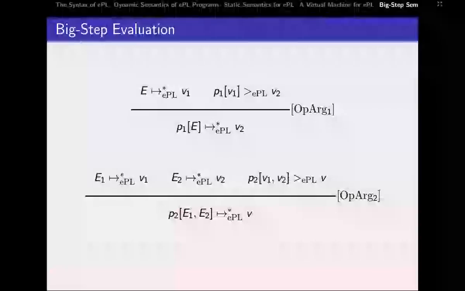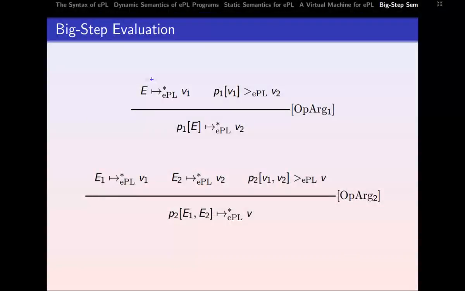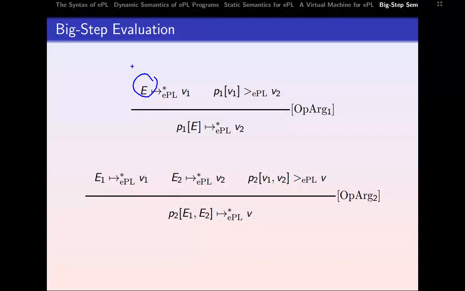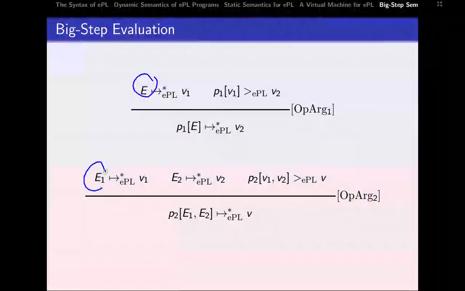Big step semantics typically has this structure: whatever is here and here is smaller than whatever is here. Another thing is that what is here and what is here have different types.